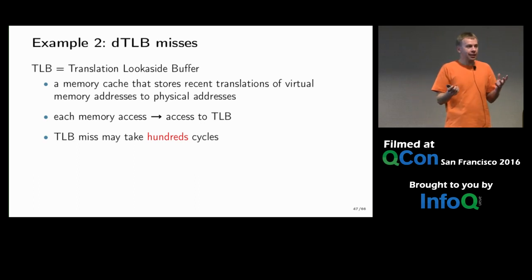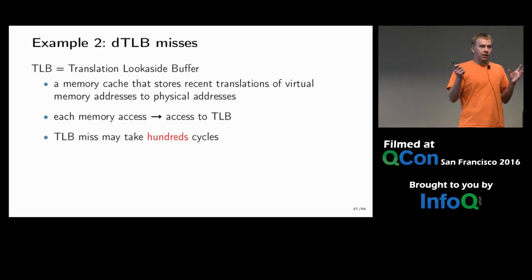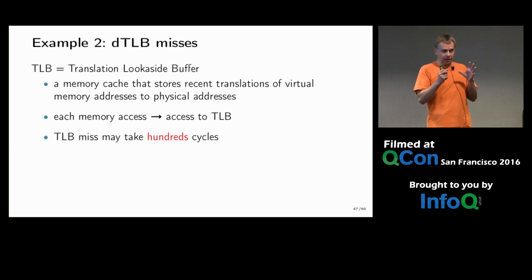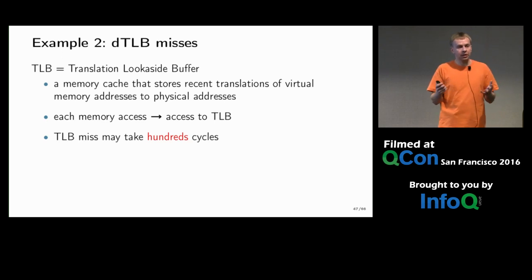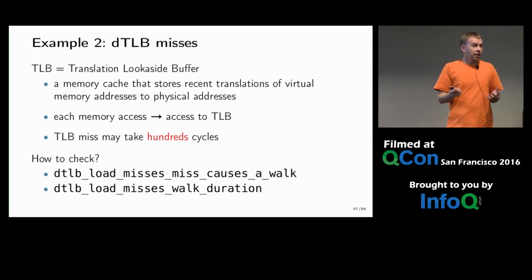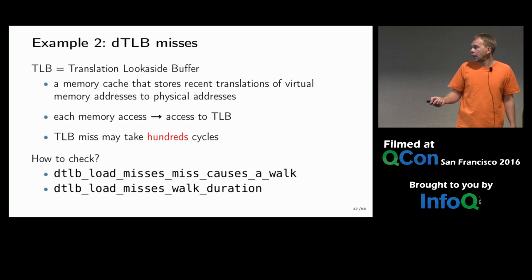We need that translation for each memory access, for each memory load and each memory store. That is why it should be a very fast cache, and because of hardware limitation, it's a small cache. If our value doesn't hit into that cache, it costs us a lot of performance. And happily, we have different events, at least on Intel hardware, which help us understand what the problems are.